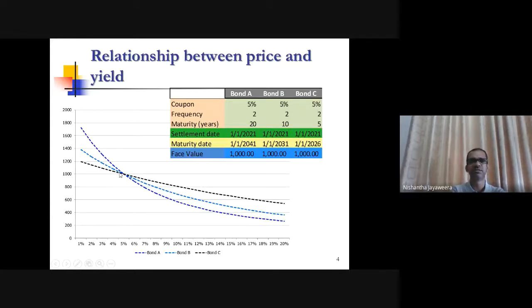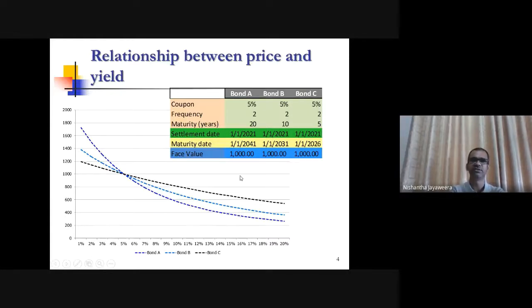But bond C is almost a straight line, and it has the shortest maturity. So maturity has an impact on the shape of the price-yield curve.